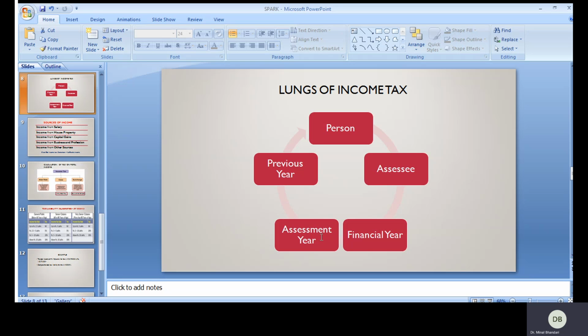That means the income earned in this financial year is assessed in the next year. So that year is called the assessment year.